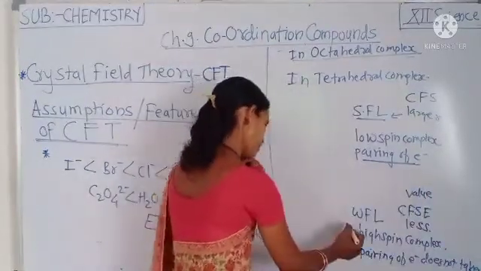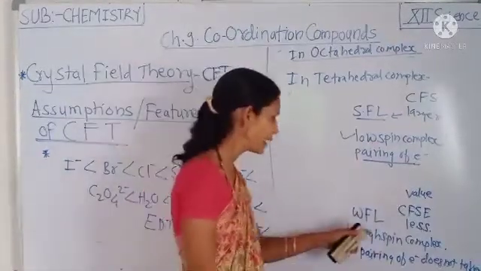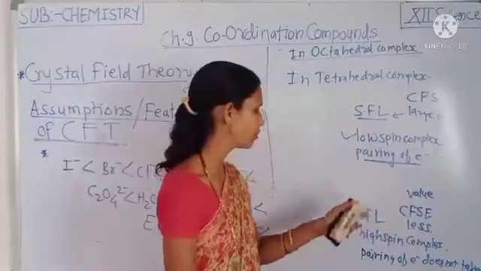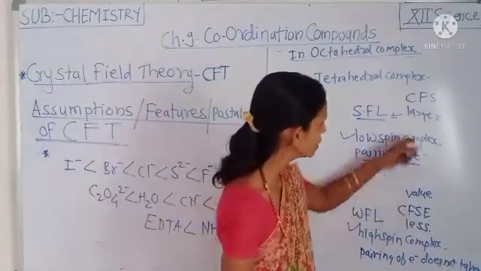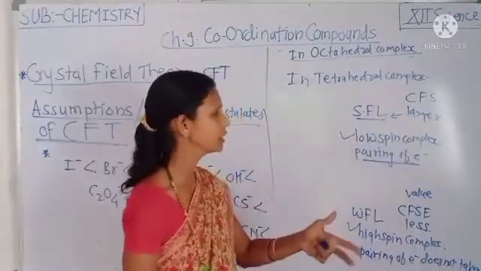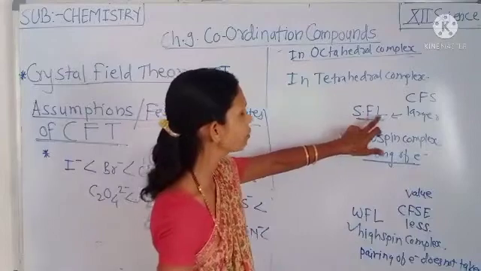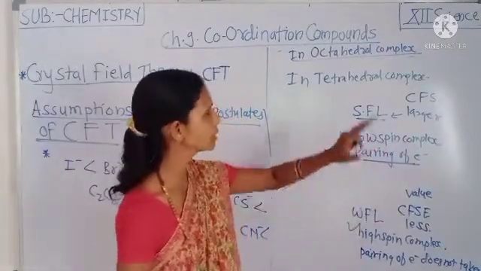That means the nature of the complex, whether low spin or high spin, depends upon the value of CFSE, and that value of CFSE depends upon the strength of the ligands.